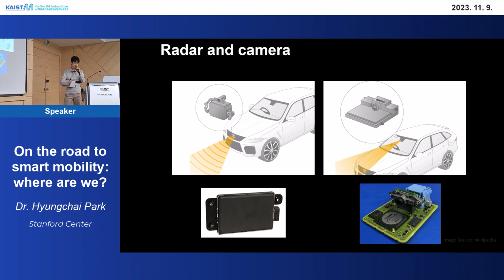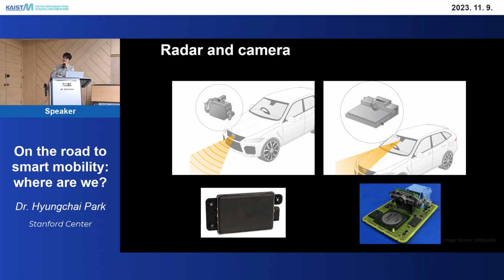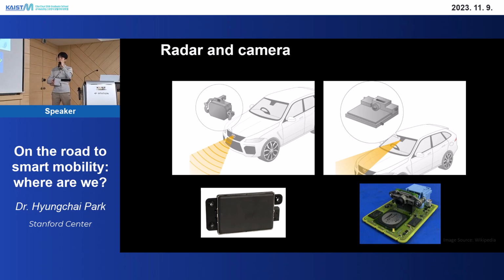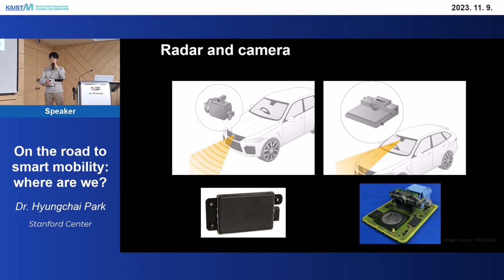And the camera system, the first commercial vision system, was introduced by Mobileye. So if you are interested in the autonomous driving industry or in stocks, then you might have heard of the name of the company.